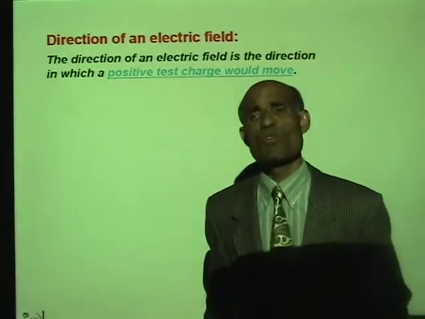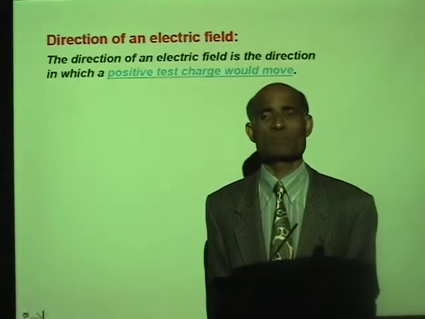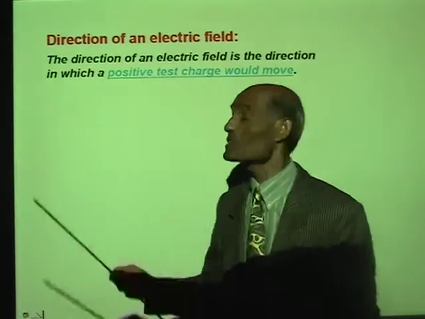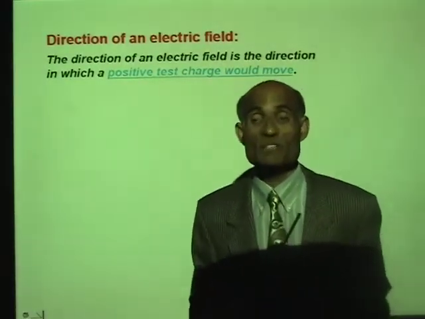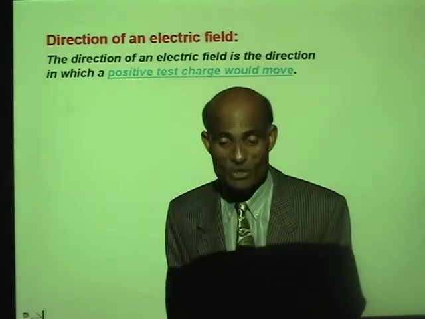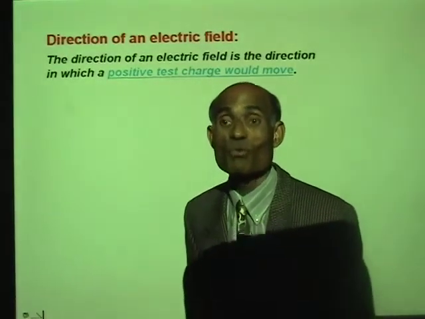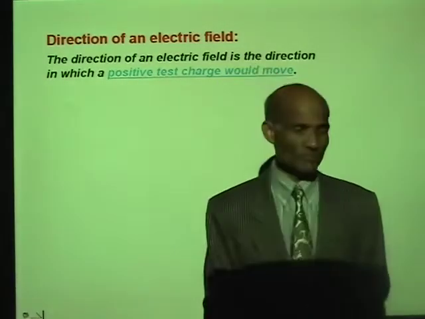Now, you might ask me, why didn't you take the negative test charge as the standard? Well, we've got to choose one, and it happens to be the positive. So, the direction of an electric field is the direction in which a positive test charge would move.